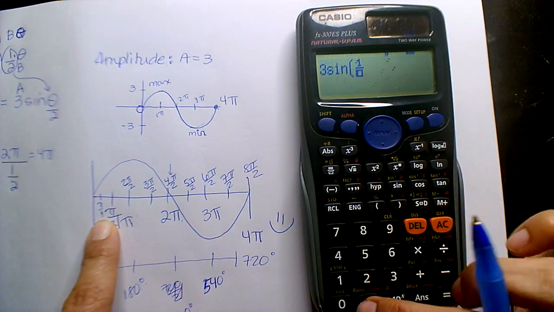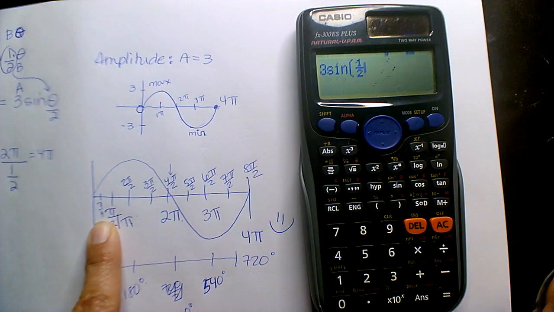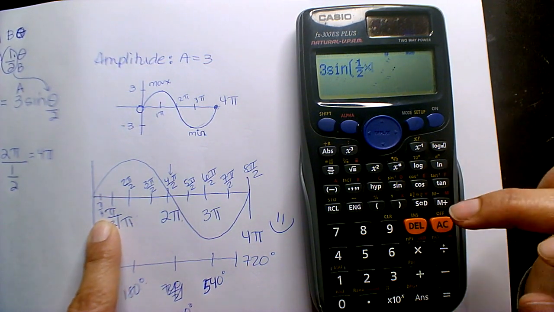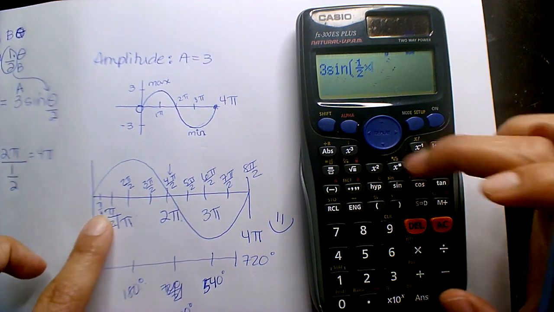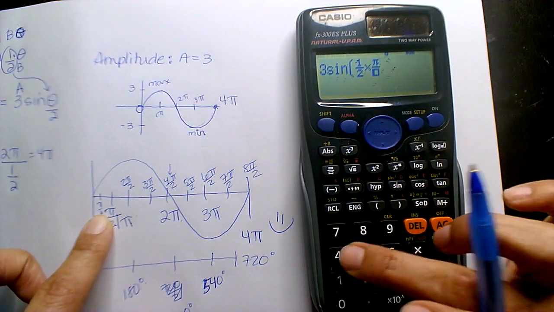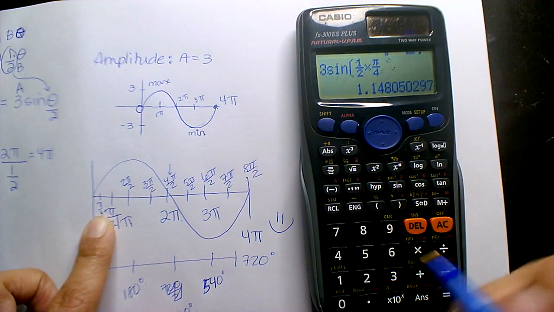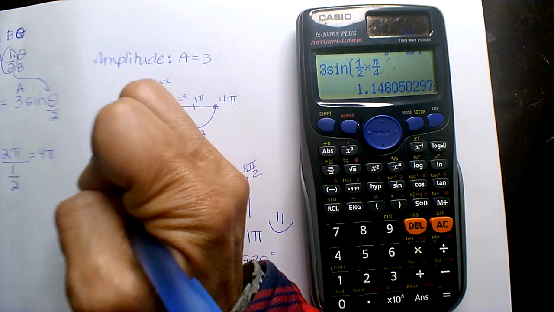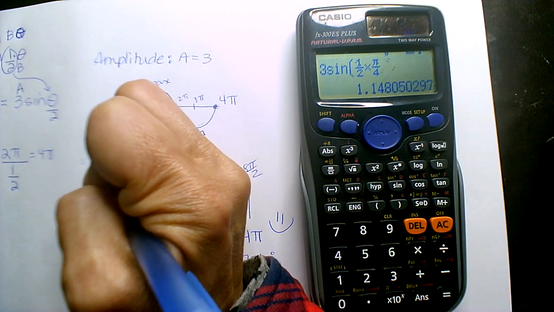I'm going to section it off, because then I don't want to deal with fractions. Okay, so times, and then what am I putting in? Pi over 4. I get 1.14, and so if this is at 2, 1.14 is like right there.